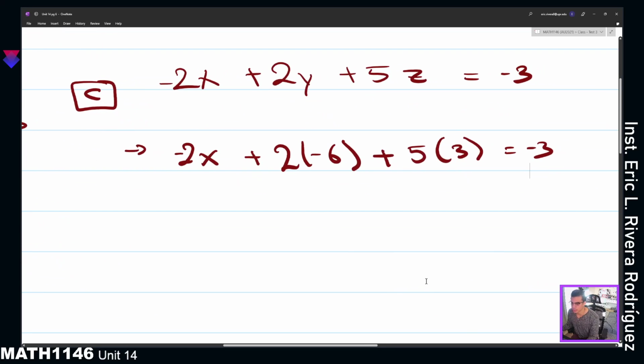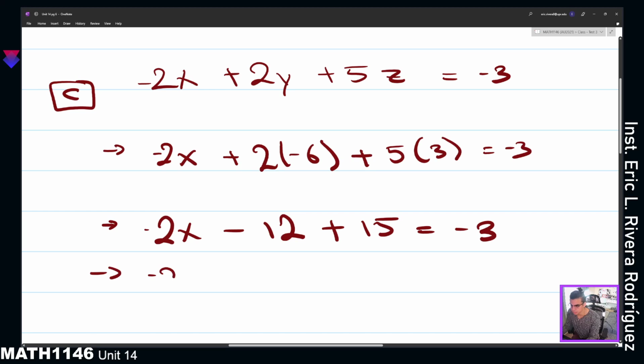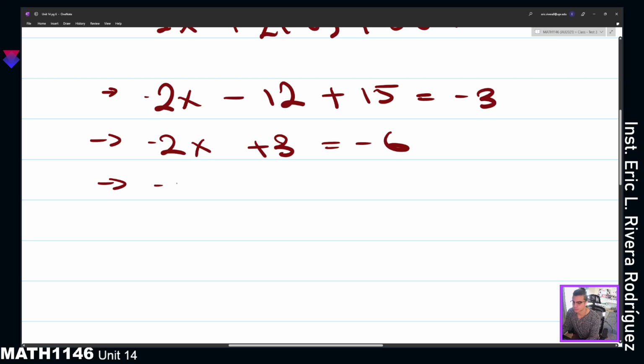Now look that we have just an equation with one unknown variable, which is x. -3 here, and then we have -6, and then when we divide both sides by -2, we got that x is equal to +3.